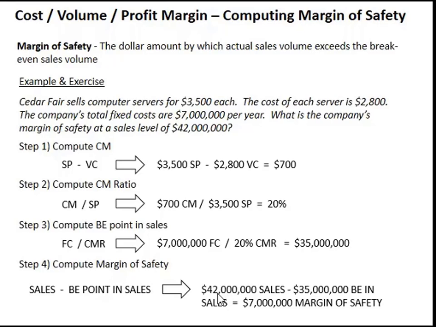So we take our $42 million in sales, or projected sales, whatever you want to call it, minus our $35 million break-even point in sales, and that means the difference between the two is a $7 million margin of safety. We could basically have sales drop by $7 million to the point where we were at break-even.